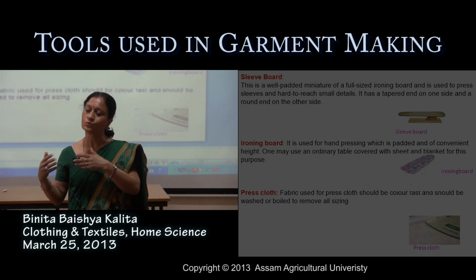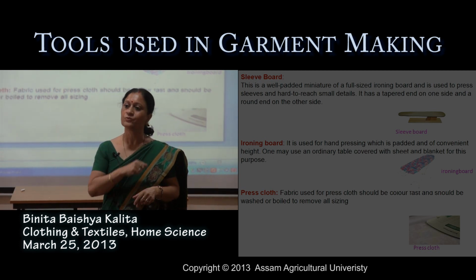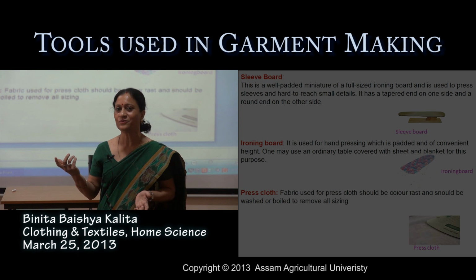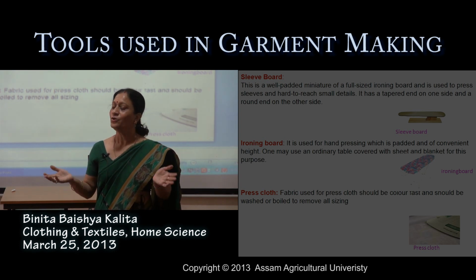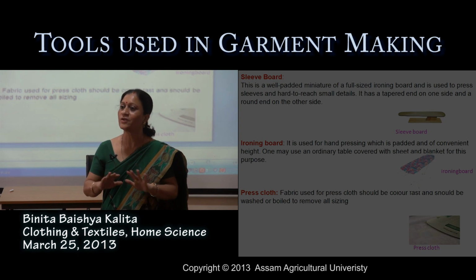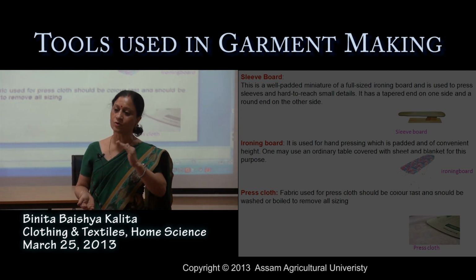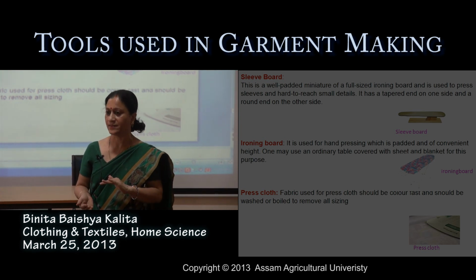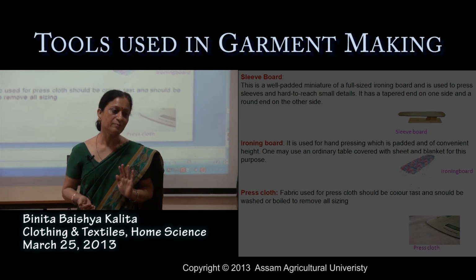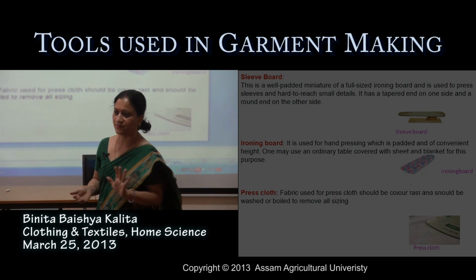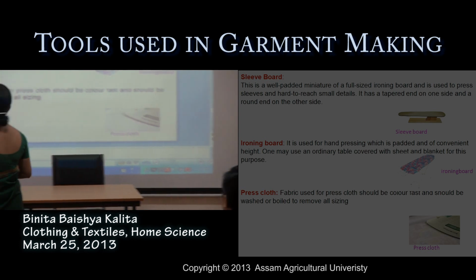By mistake, if you don't set it to synthetic and you do the ironing, your whole material will be spoiled, won't it? So to not spoil the material or garment, if you keep a press cloth on top of it, then your garment or material will be safe.